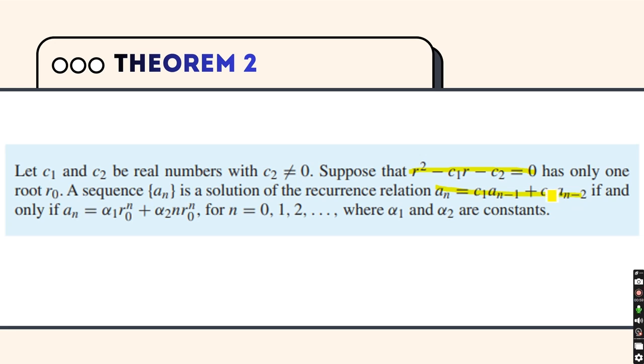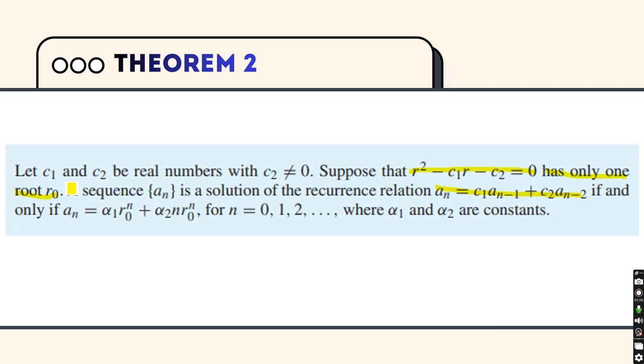So this special case is what theorem 2 talks about. The characteristic equation r raised to the power of 2 minus c1r minus c2 is equal to 0 has only one root, r0.